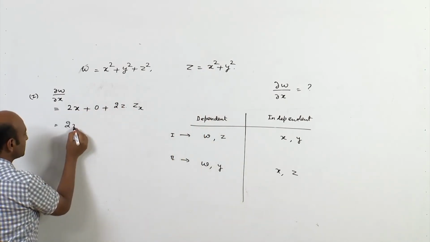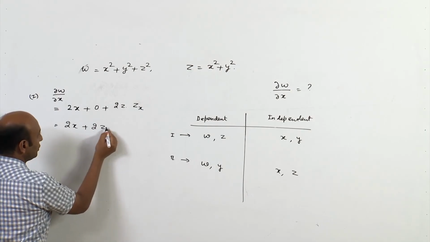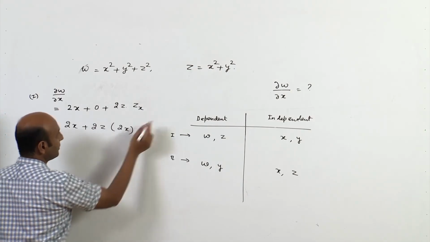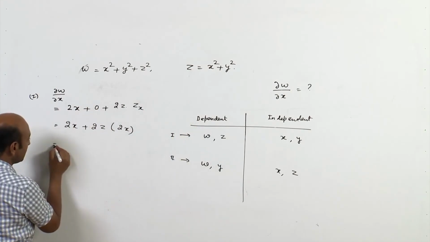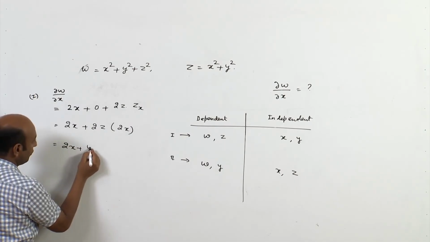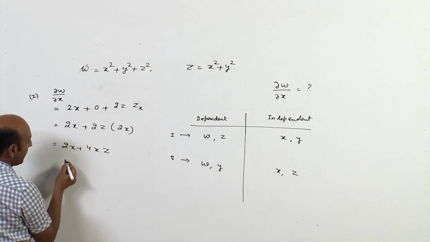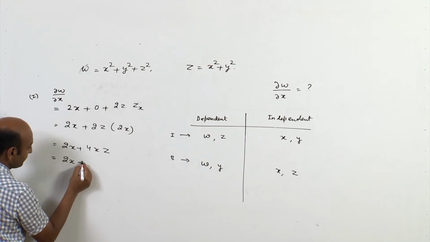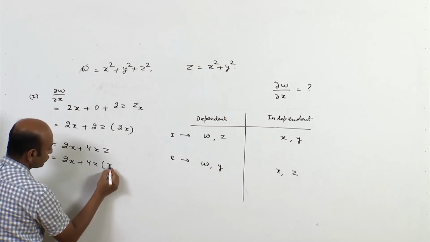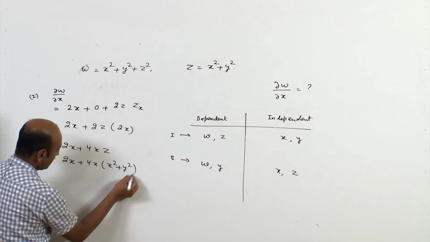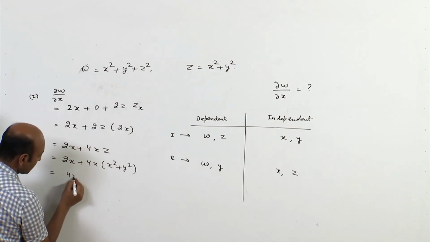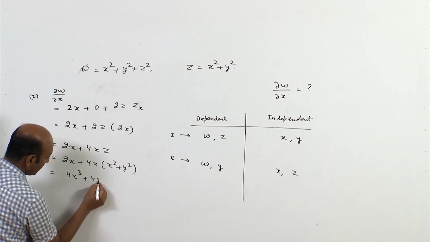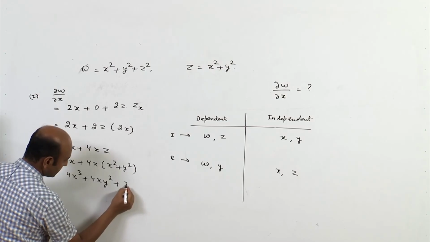So, it is 2x plus 2z into 2x from here. So, it is 2x plus 4xz and z is x square plus y square. So, it is 4x cube plus 4xy square plus 2x.